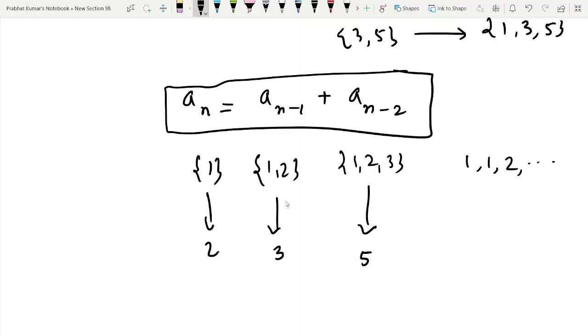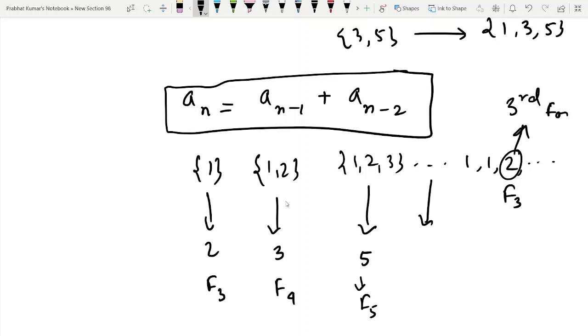So this 2 is just the third Fibonacci number, usually denoted by f3. For 3 this is f4, and for 5 this is f5, right? So if the number is n, it's f of n plus 2.